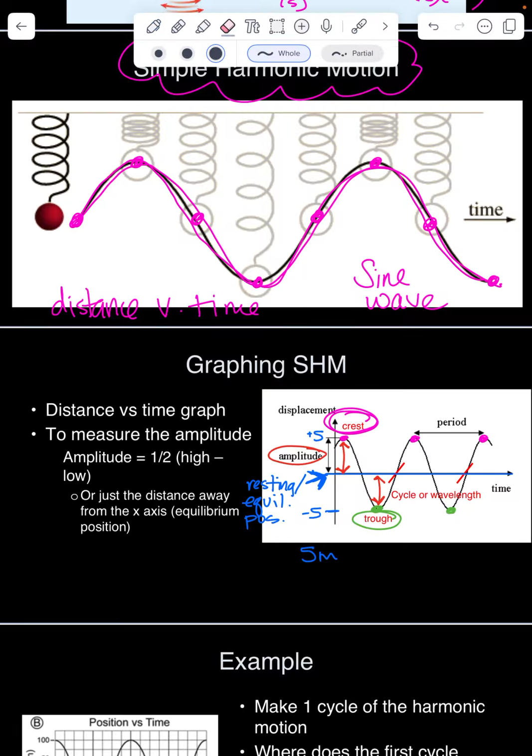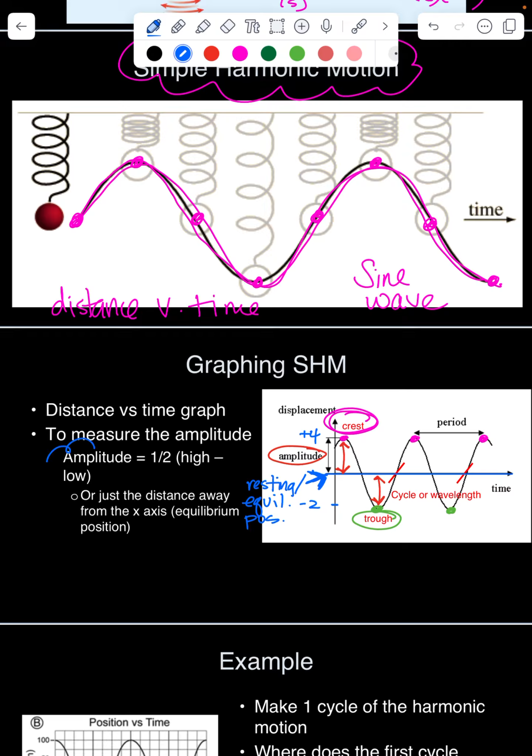But there are going to be some times that you will see that maybe your highest point is at +4 and your lowest point, say, is at a -2. Well, that tells you right then and there that the x-axis is not your equilibrium. All right, that's not your resting position.